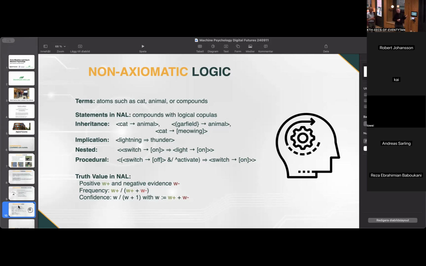So let's say that we want to train someone to think that cats are disgusting. Using this way of describing it, as it says on the screen there, it's perfectly fine with the non-axiomatic logic to describe it as cat has the property of being disgusting.